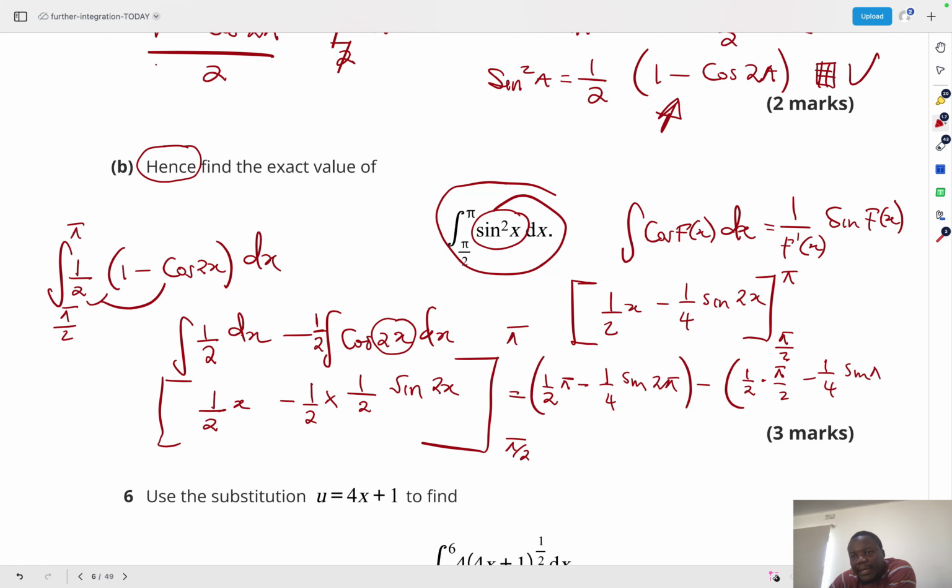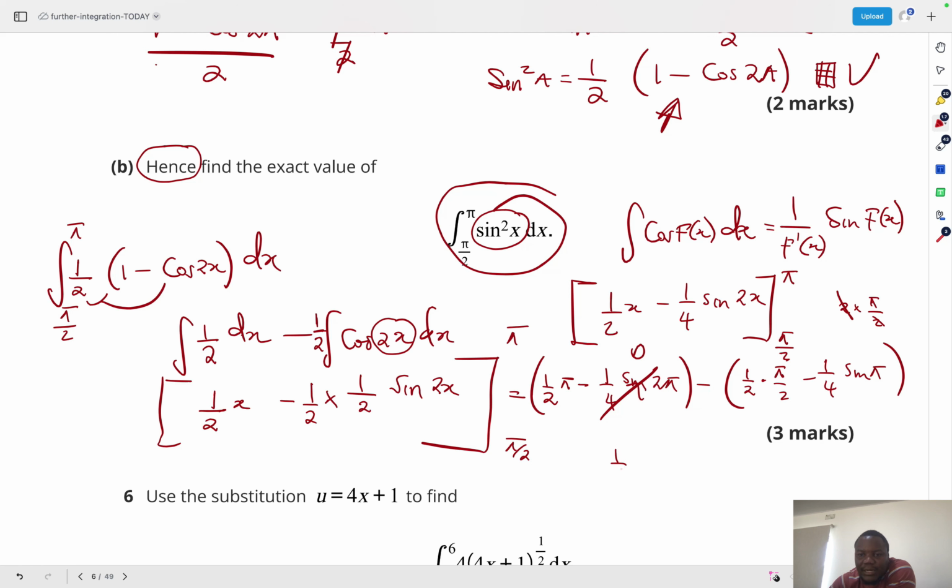I'm going to have pi here because that's simple algebra where we do 2 times pi over 2. That is going to cancel to give us pi. So we know that this is going to give us 0 because sin of 360 is 0.